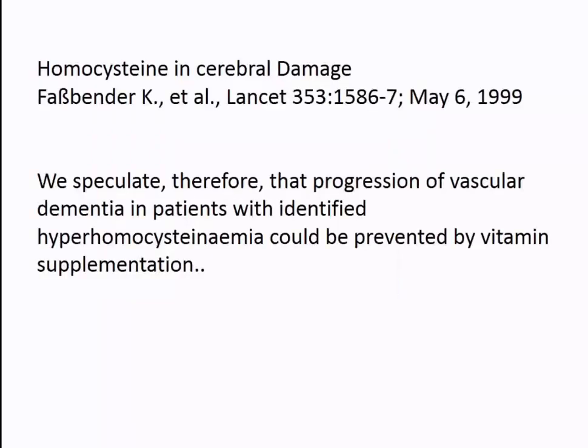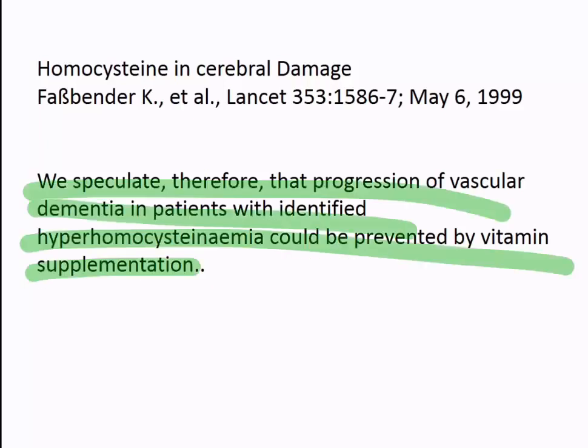Now here's something really interesting, how powerful the things we're doing here are, and I'm just going to read this right here. It says, we speculate therefore that progression of vascular dementia, and there's a lot of dementia, Parkinson's, Alzheimer's disease, brain fog, forgetting things, in patients with identified hyperhomocysteinemia.